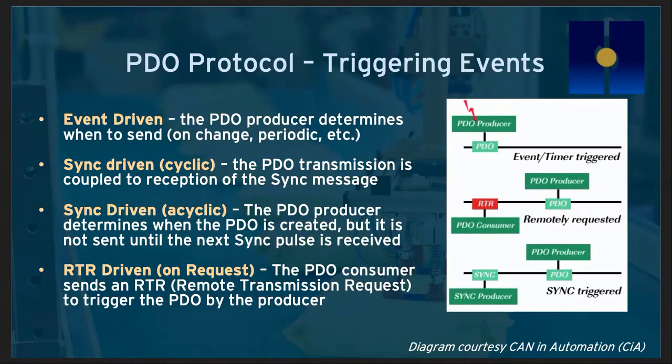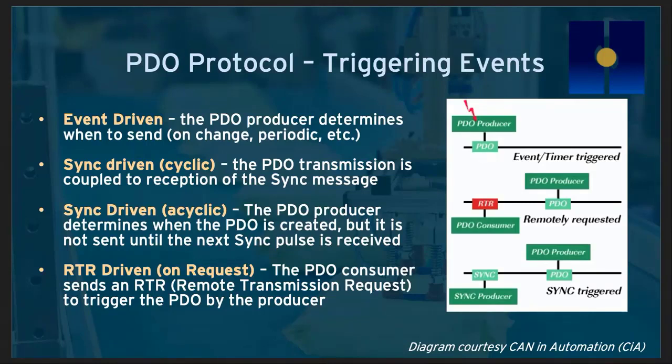You have event-driven triggers that you can configure, and in that scenario, the producer, which is typically, let's say, the slave, can determine when to send the data. So it might just send it on a change, it might send it every 50 milliseconds, but that's strictly up to the slave to determine that.